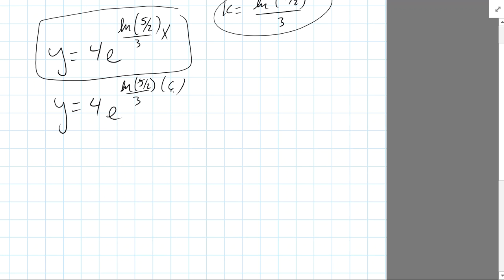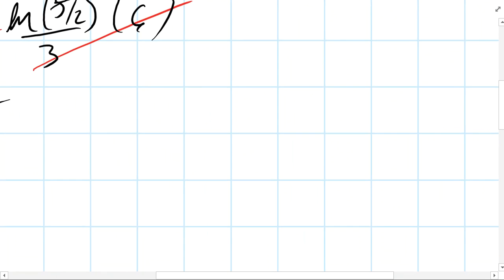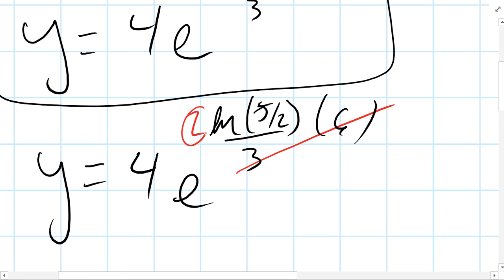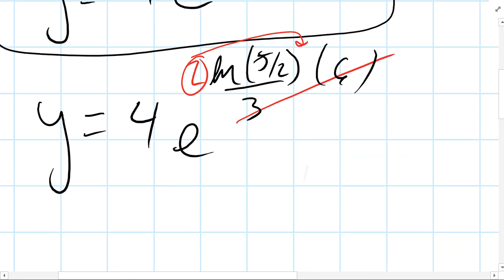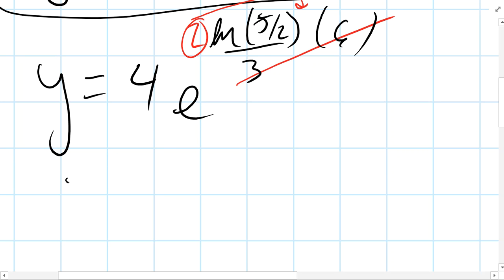What's 6 divided by 3? This becomes a 2, right? I'm going to put the 2 out here. Oh, but do you know log properties? Do I take this and make it a square? So watch what happens when I do that. Then I get y equals 4 e to the natural log of 5 halves squared. What happens with the natural log and the e?